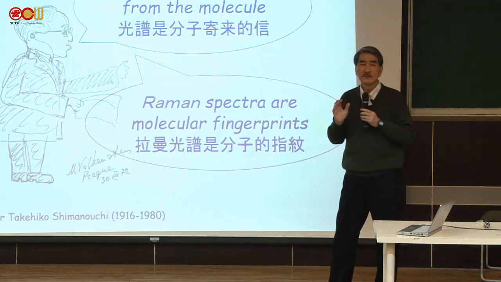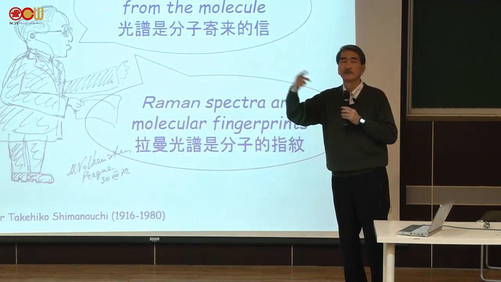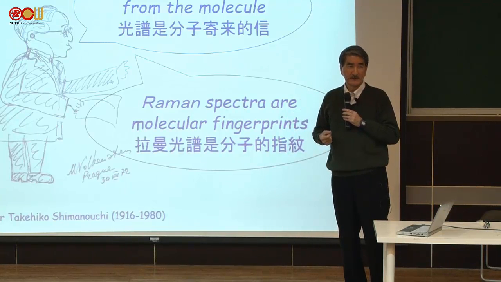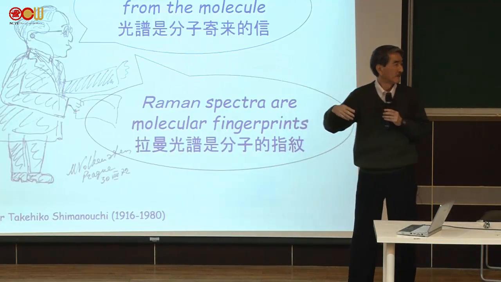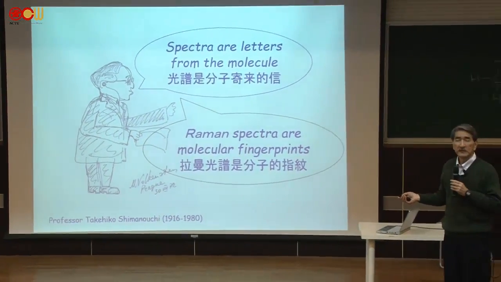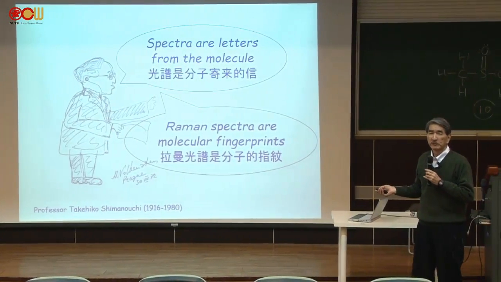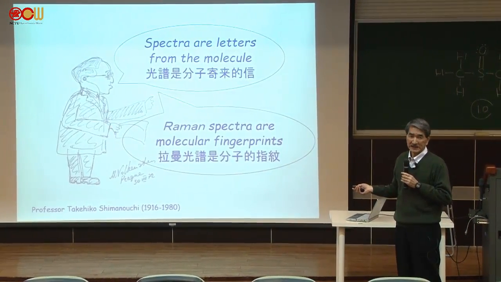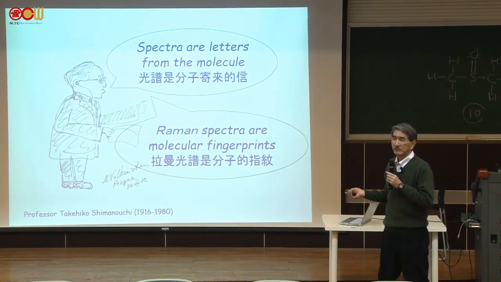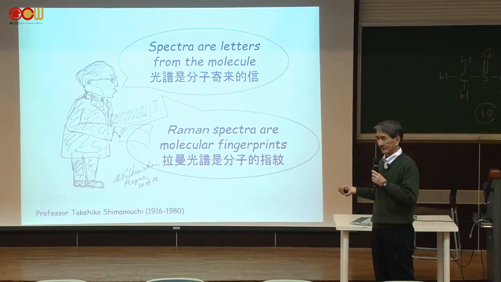And if we can read it properly, then we understand what the molecule wants to say to us. So a message from the molecule we can receive. But you need to be able to read the letter. So reading letters from the molecule is what we learn in spectroscopy, how to read it.